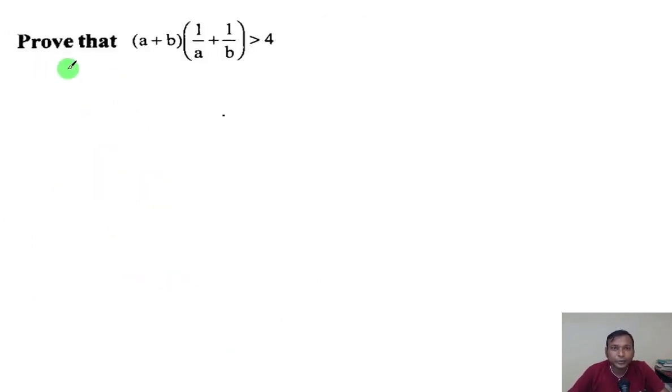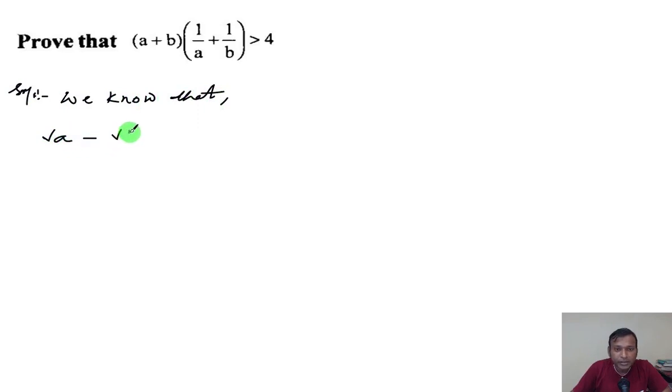So here we have to prove a plus b into 1 by a plus 1 by b is greater than 4. This is a question of inequality. We know that root a minus root b whole square is always greater than 0, because the square of any number is always positive.